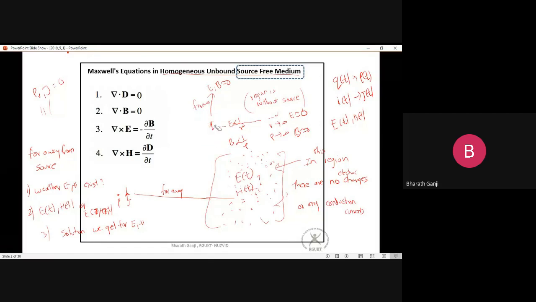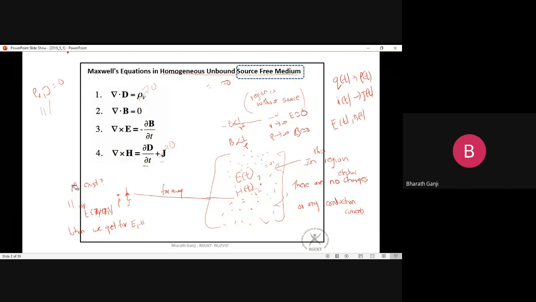So the first one is the source free region. In order to make it a source free region, what I have done is I have removed rho v equal to 0 and J equal to 0. J is the current density, the conduction current density, and this is the displacement current density. Since I'm taking the conduction current as 0, I have this scenario like this.